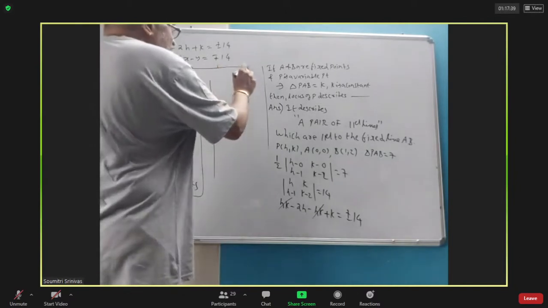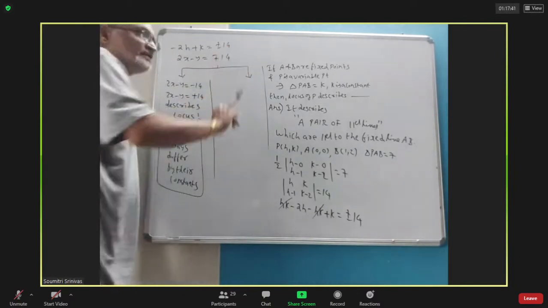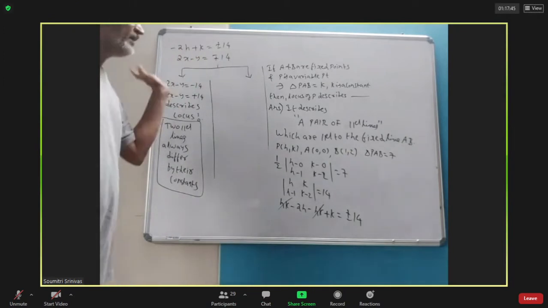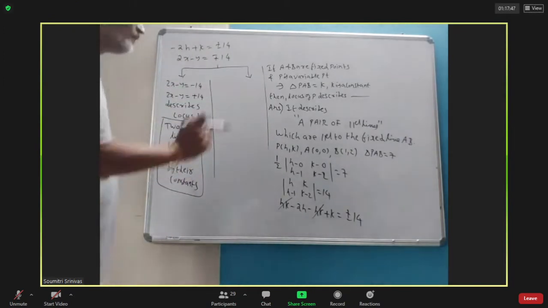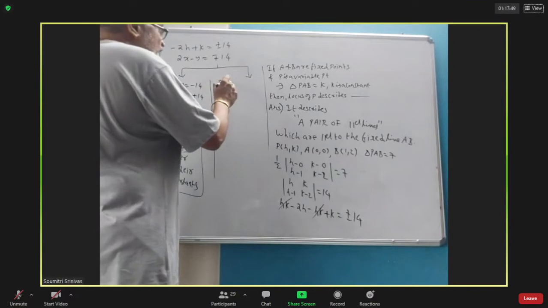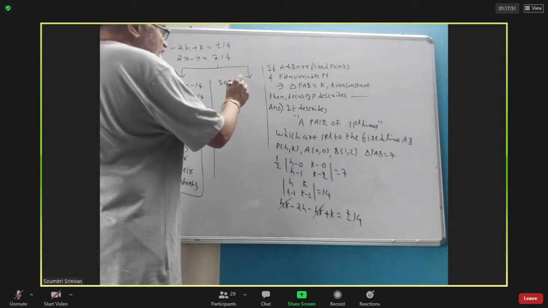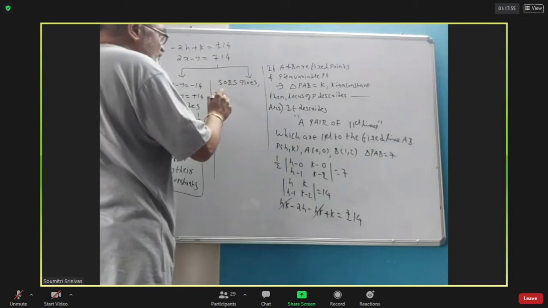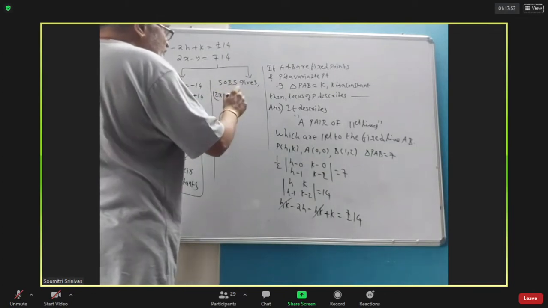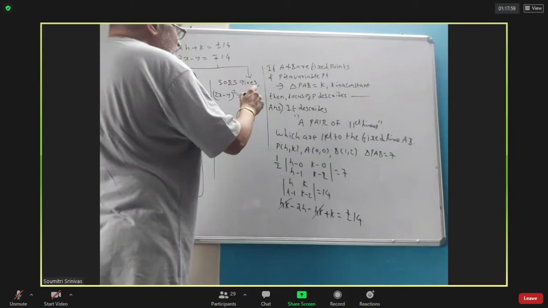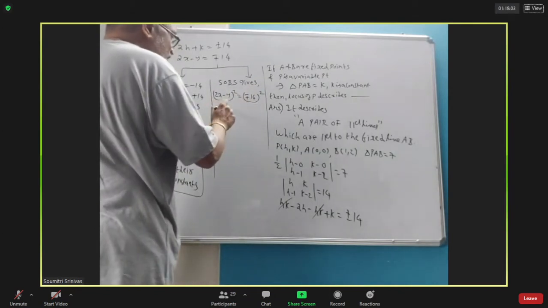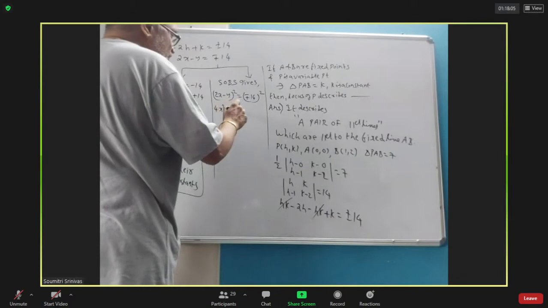But in some books, sometimes the answer is given in this way also. To avoid this plus or minus sign, they square. What do you obtain squaring on both sides? 2x minus y whole square equal to 4x square plus y square.